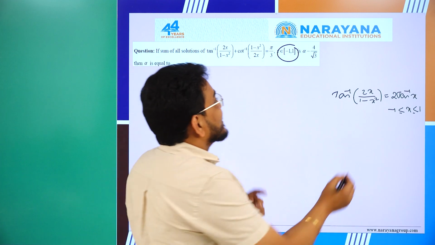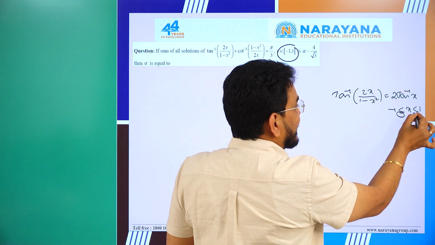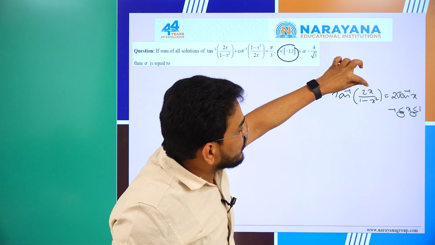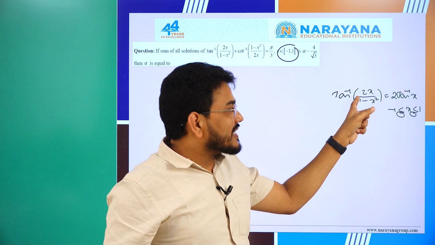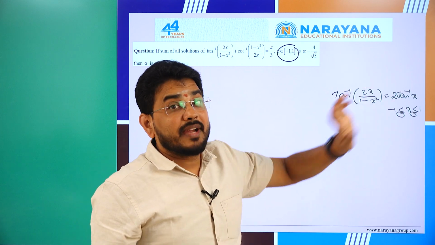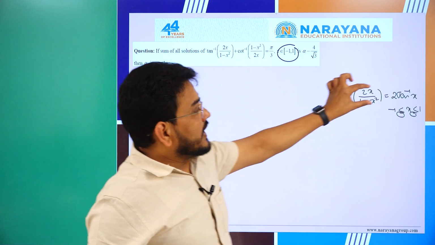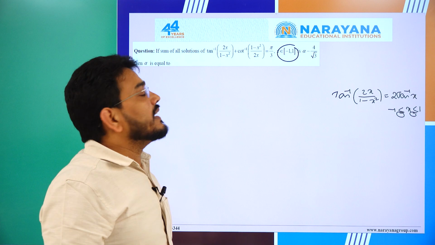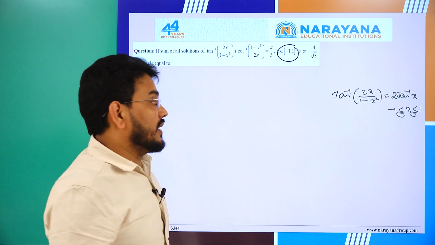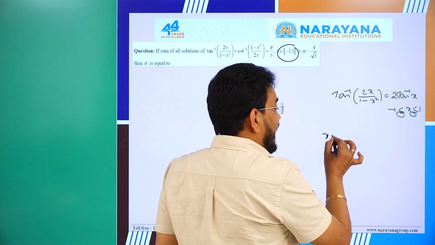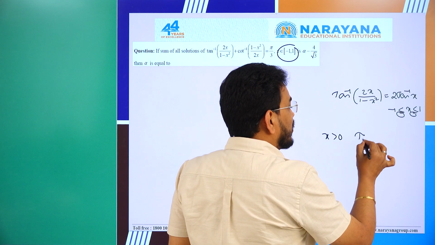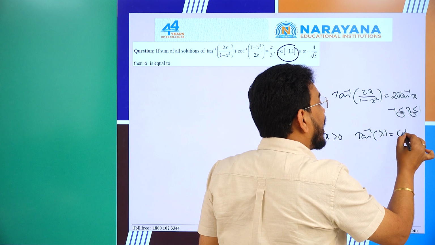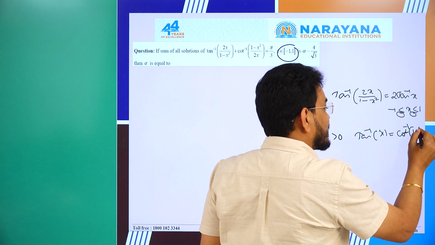But here you need not take those cases. Here, in tan inverse of 2x by 1 minus x square, because x is not plus 1 and minus 1 is not part of the domain, you will get 2 tan inverse x. That is the primary thing. Next one is, for x greater than 0, tan inverse of x is equal to cot inverse of 1 by x.